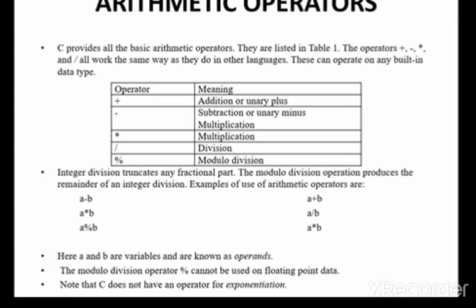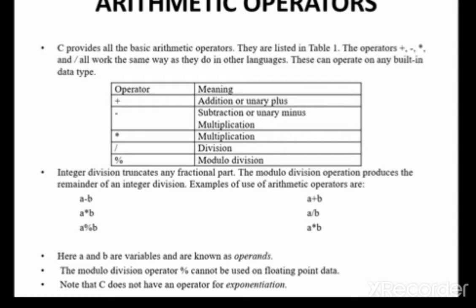Next, one by one we'll see. First we'll see arithmetic operators. When we need to perform arithmetic operations, we use mathematical operators like plus and minus; all this comes under arithmetic operation. Why are arithmetic operators used?